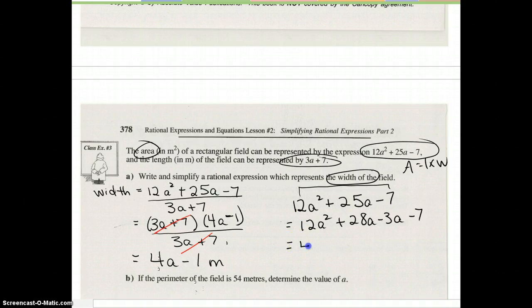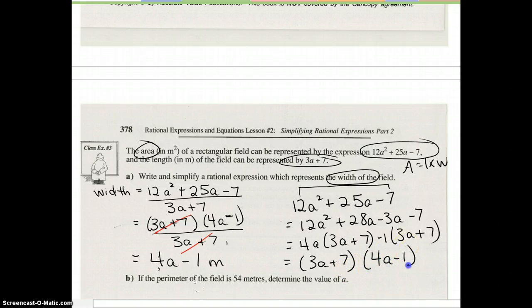I would then pull out what's common to the first two terms, and I'm going to pull out the -1, and I end up with a 3a plus 7. So my two factors were 3a plus 7 and 4a minus 1. You can have a look at that later if you'd like, but that's where this came from.